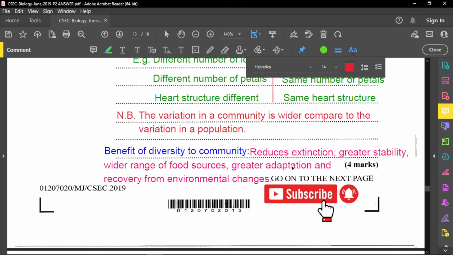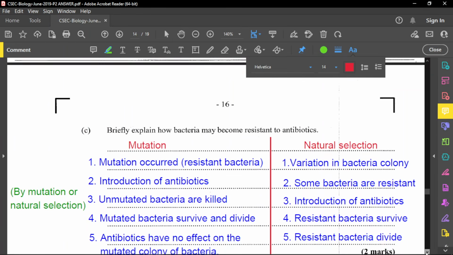You also have greater adaptation and recovery from environmental changes, because the more organisms you have within an area, if you have any form of environmental change, they tend to adapt better because they're so closely related to each other. Then they overcome the same environmental trends or changes. Those are very important points in terms of the benefit of biodiversity.